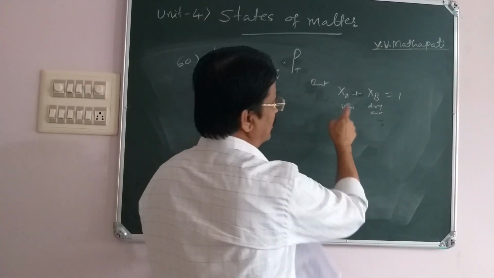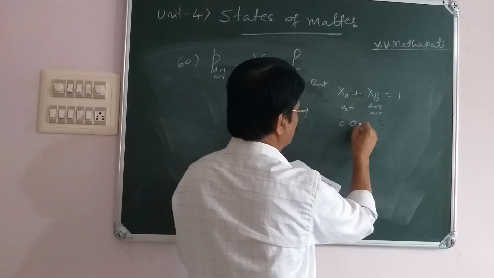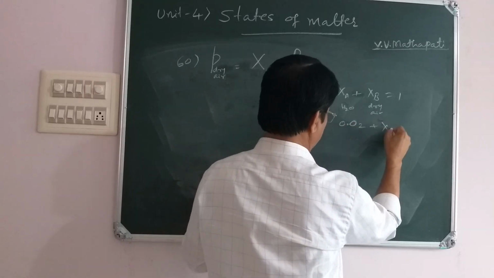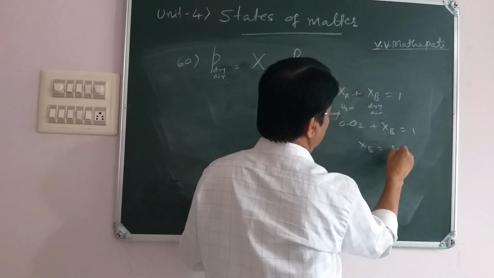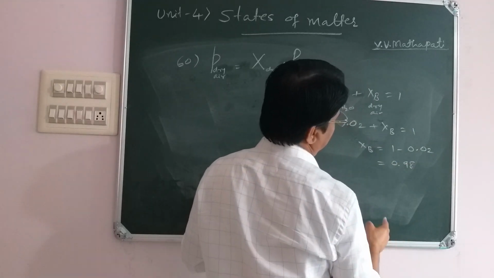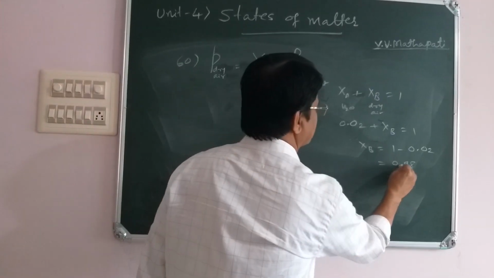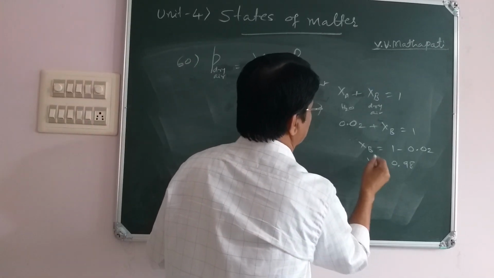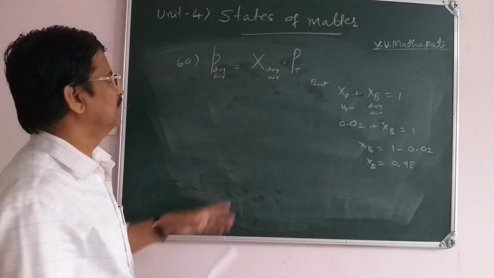The mole fraction of water is given as 0.02, so XB equals 1 minus 0.02, which is 0.98. This XB is nothing but the mole fraction of dry air.